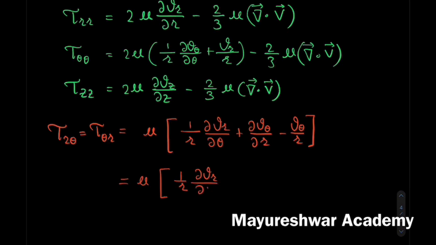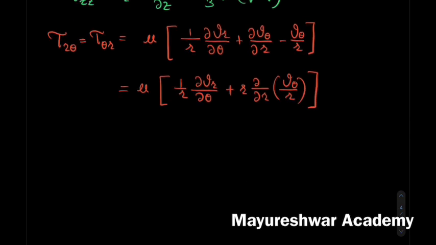The second term can be rearranged as r times d dr of v theta over r.